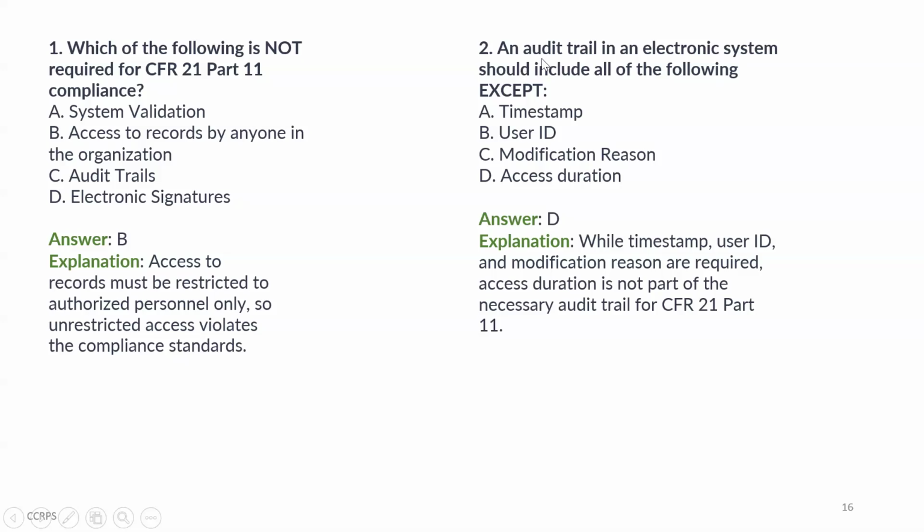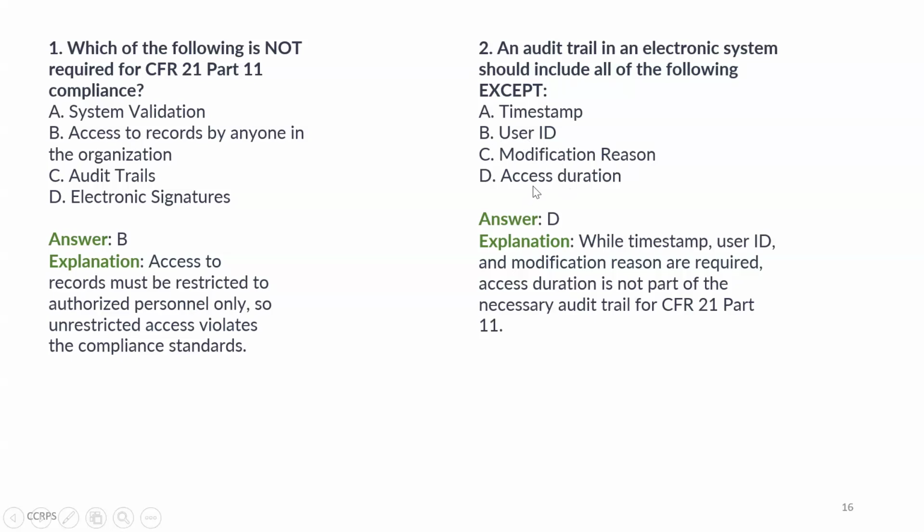Question 2. An audit trail in an electronic system should include all of the following except: timestamp, for sure, A; user ID, for sure, the identification of the person or professional who did the data entry or the modifications of the data, B; modification reason, C, for sure.